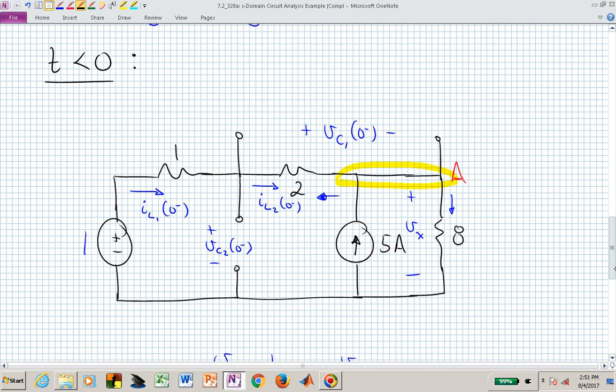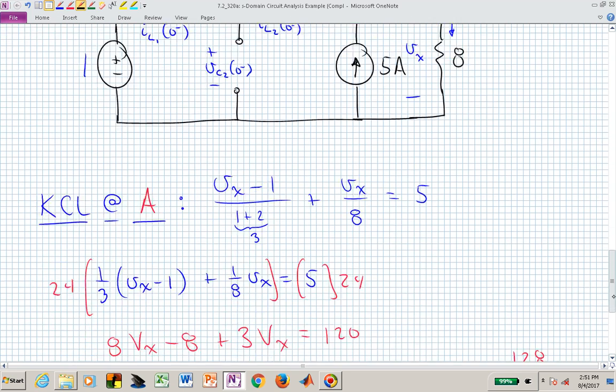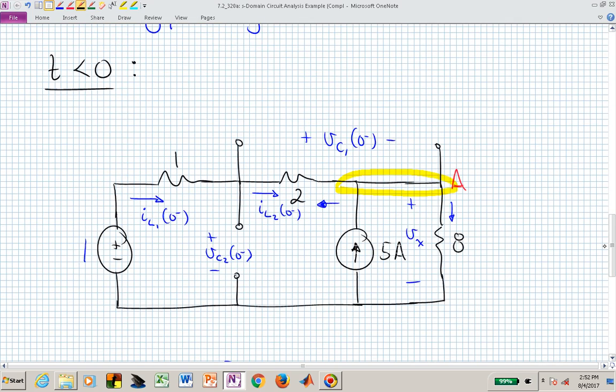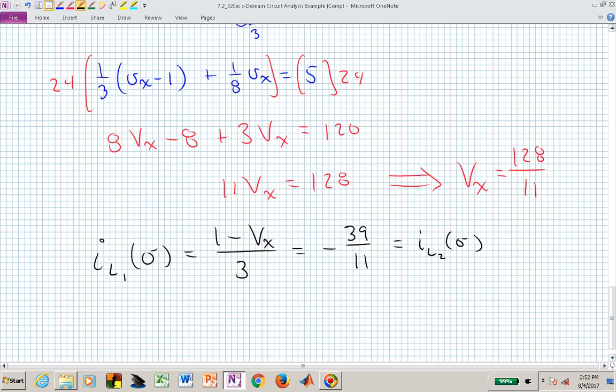You can also see that, since we have open circuits on the capacitors, I sub L sub 1 is the same current as I sub L sub 2 prior to t equals 0. So there's our inductor initial condition in both cases, and those currents are both defined positively going from left to right with a value of minus 39 over 11.